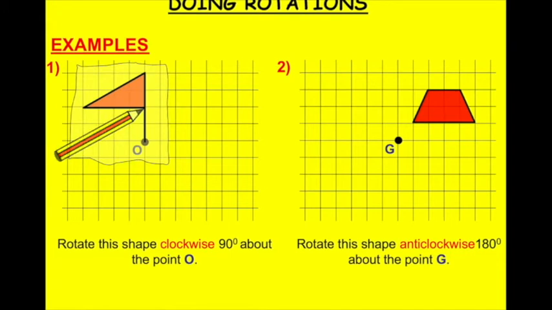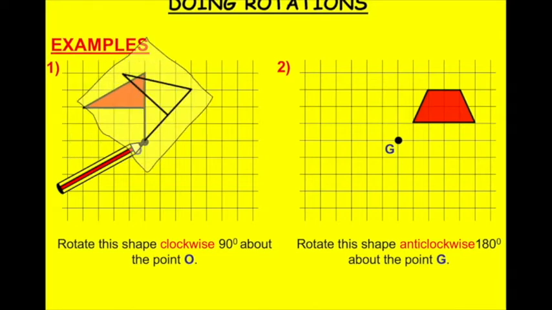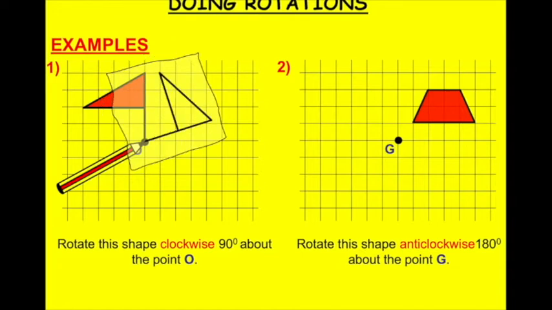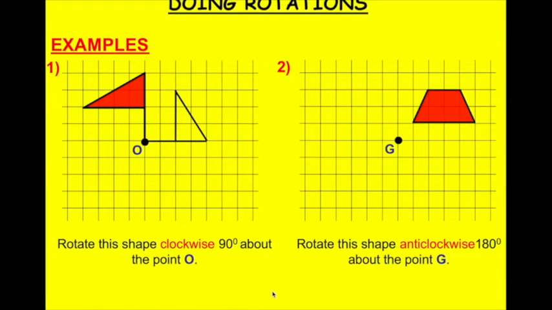Put the pencil at the center of rotation, and we rotate it clockwise for 90 degrees. There you go, that's the final position. So this is the image. This is the object, the red one, and the non-color one, the transparent one, is the image.